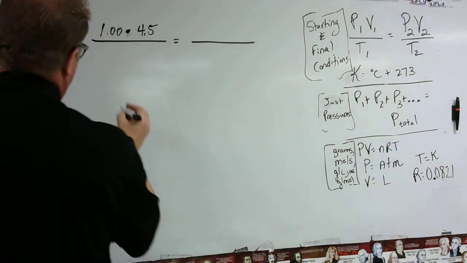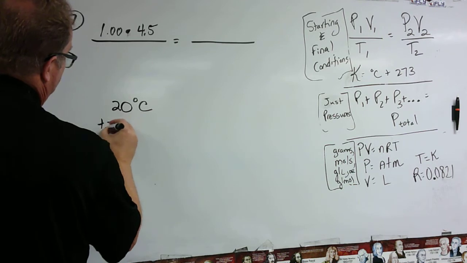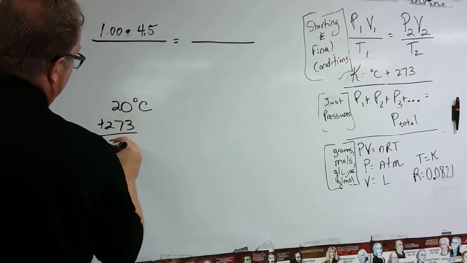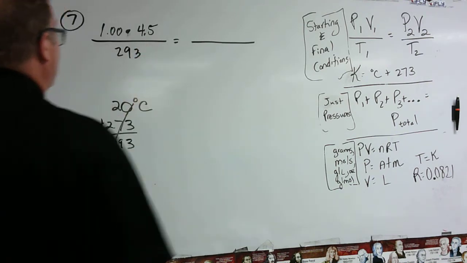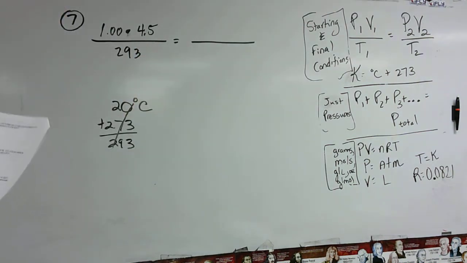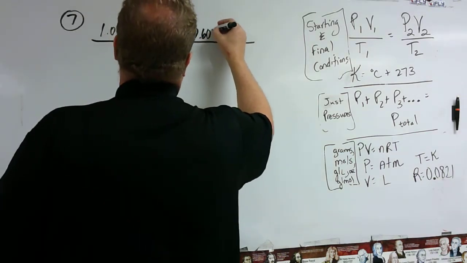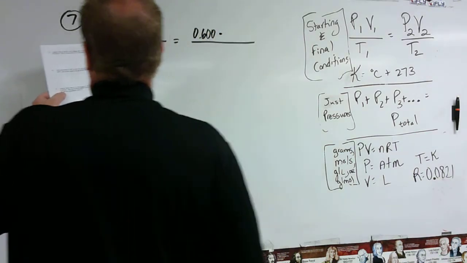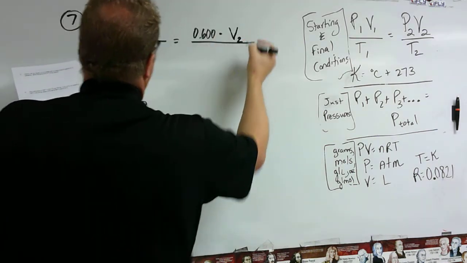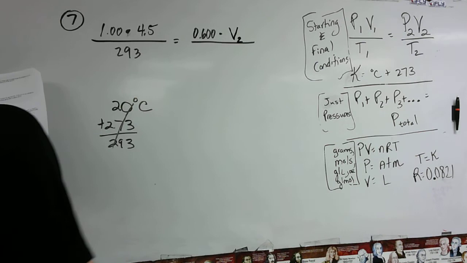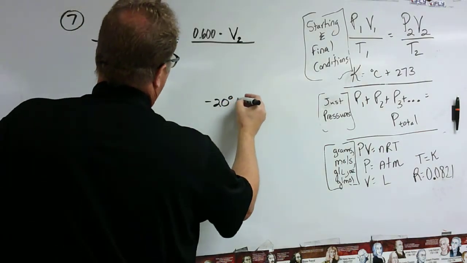And then 20 degrees Celsius. So here's my Kelvin. And I take care of that. Then I go over to the other one. The pressure is 0.600 times V2. Just be flexible because I'm showing a lot with the volume. And then I got a negative 20 degrees Celsius.